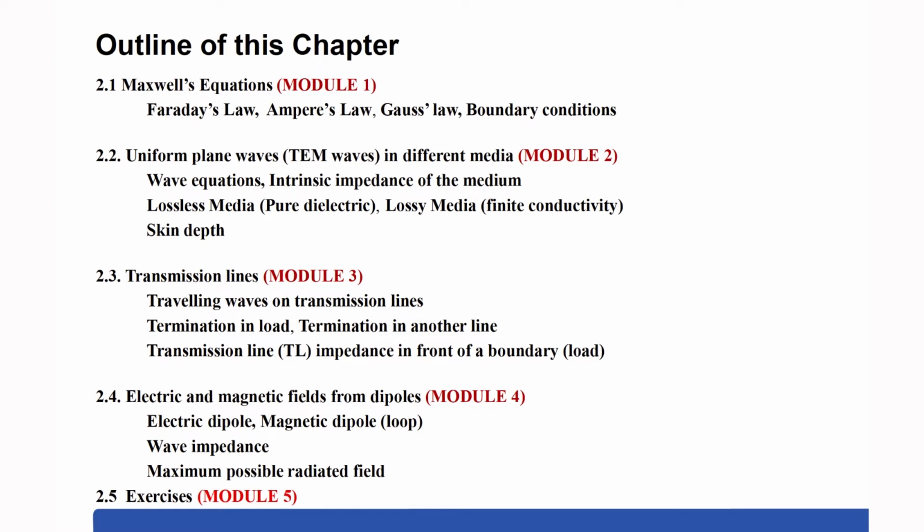But we are presenting the equations in terms of circuit parameters like inductance, capacitance, etc. Especially we are interested in termination in a load as well as termination in another line, that is when the impedances of the transmission lines are different.